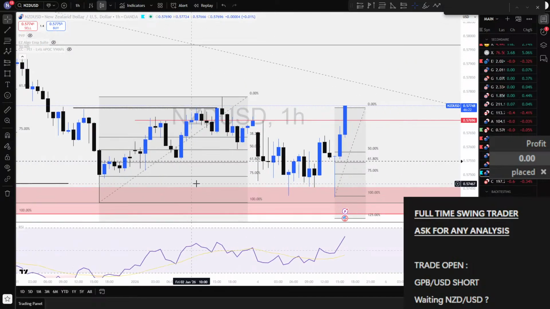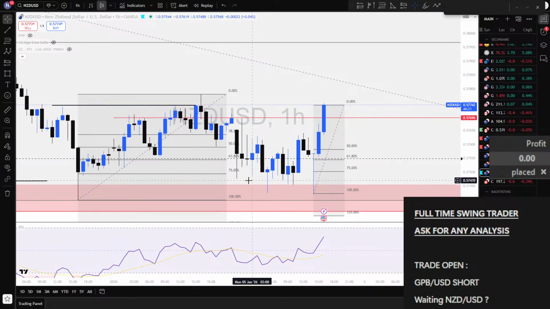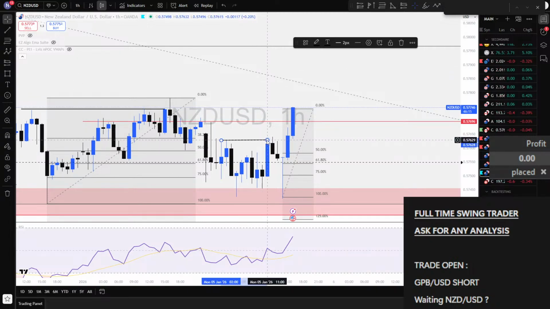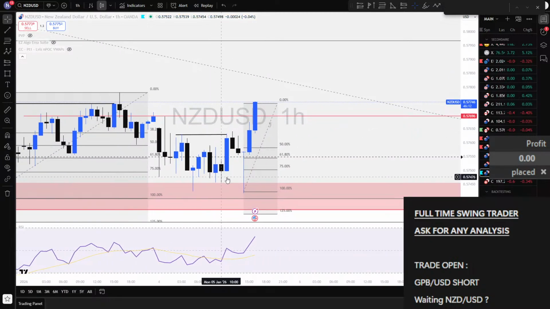In this pullback, I was waiting for a confirmation in 1 hour, here. And maybe that's my bad, I was waiting for another confirmation in this pullback.